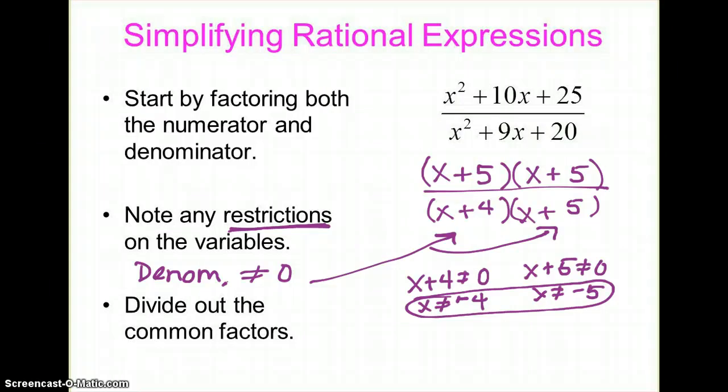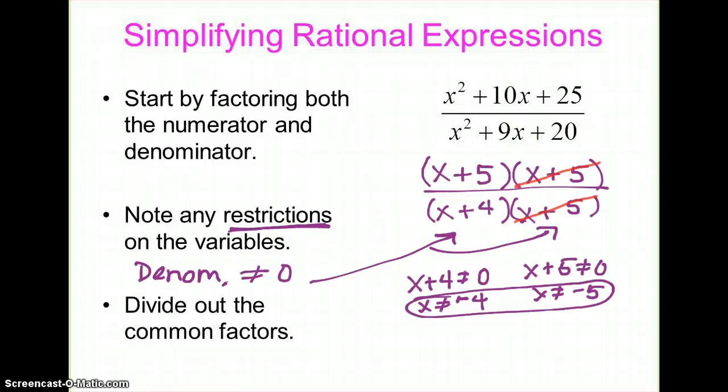All right, so then it says divide out the common factors. In other words, we want to cancel whatever they have in common. If you look up here, the factors are these whole binomials. So the only factors that I can cancel out would be one set of x plus 5s.